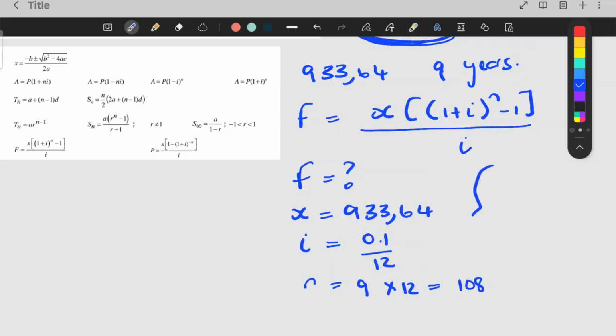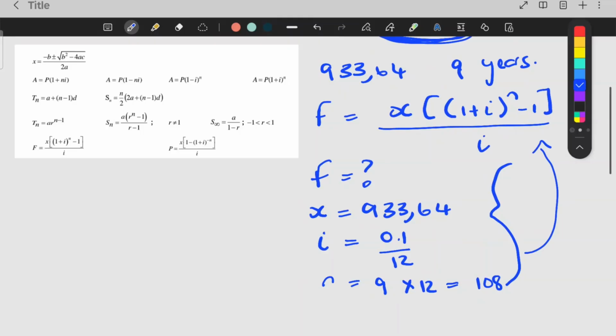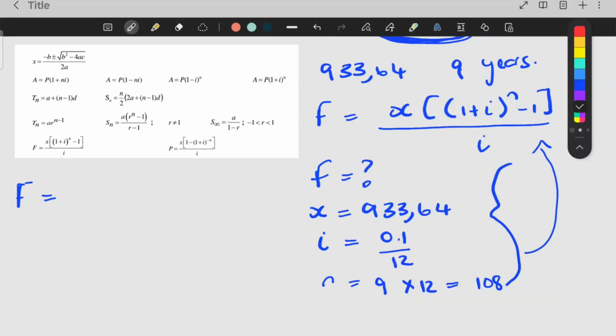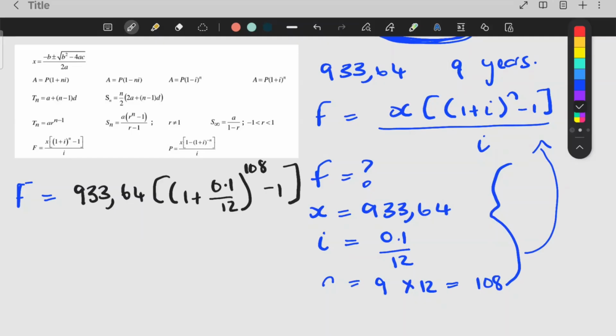So I'm going to take all of these and sub it into that. Okay, so let's write down. I don't know what F is. X is the monthly payment, so 933,64 times 1 plus 0,1 over 12 to the 108 minus 1, everything over the interest.